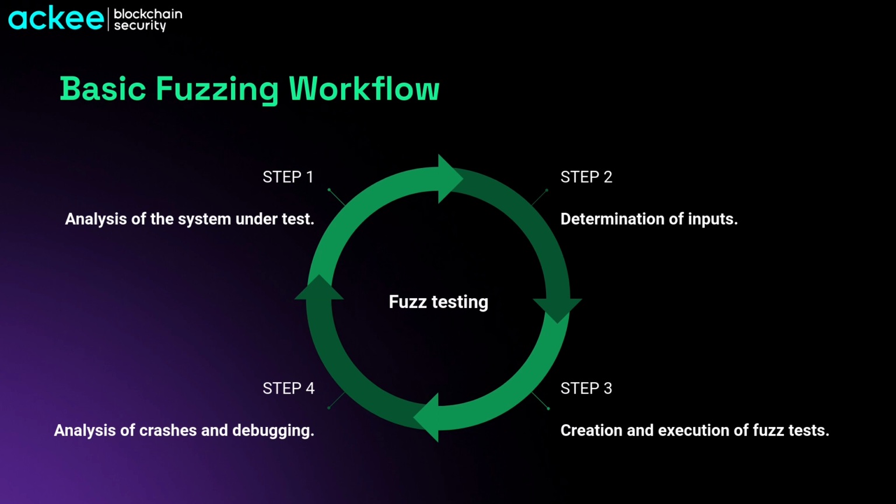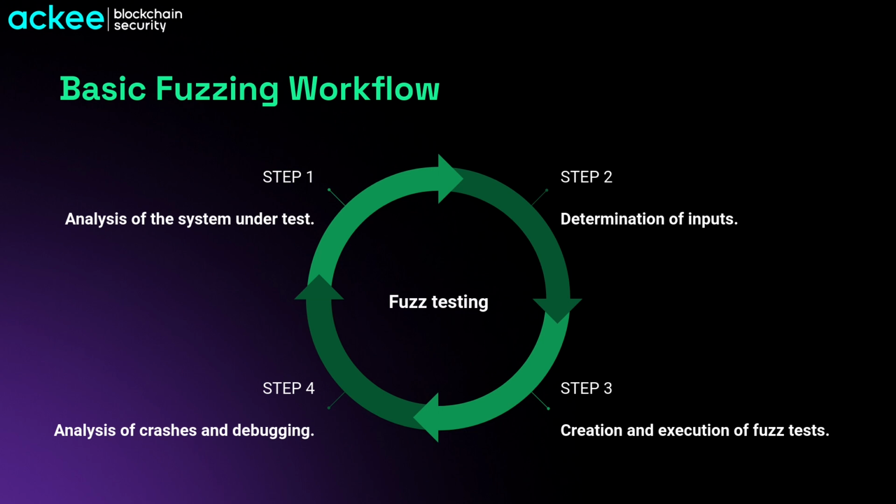Then you write and create your fuzz test and run it. Most probably your fuzz test will crash and you will have to debug the results. Either you will find problems in your program that you have to correct, or you will have to debug your test.